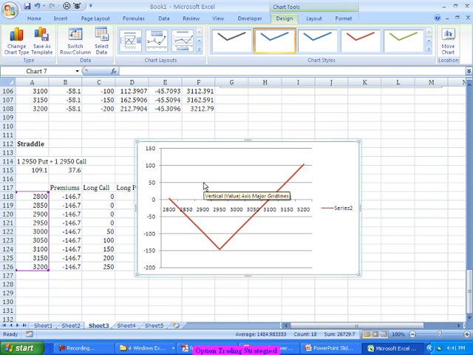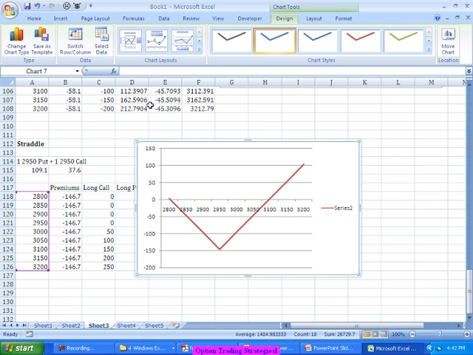So this is a strategy for a highly volatile market. If you don't know in which direction the market will move, but you are sure that the move will be drastic, in those cases you resort to a straddle, a long straddle, because the profitability is higher after a certain point.